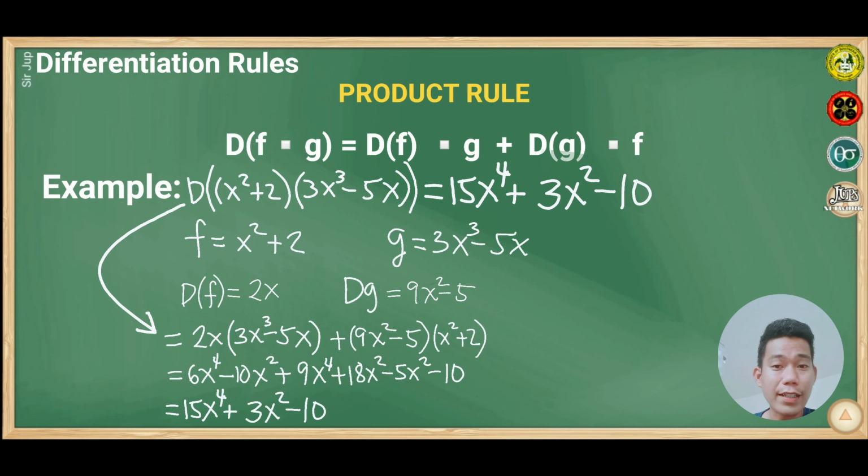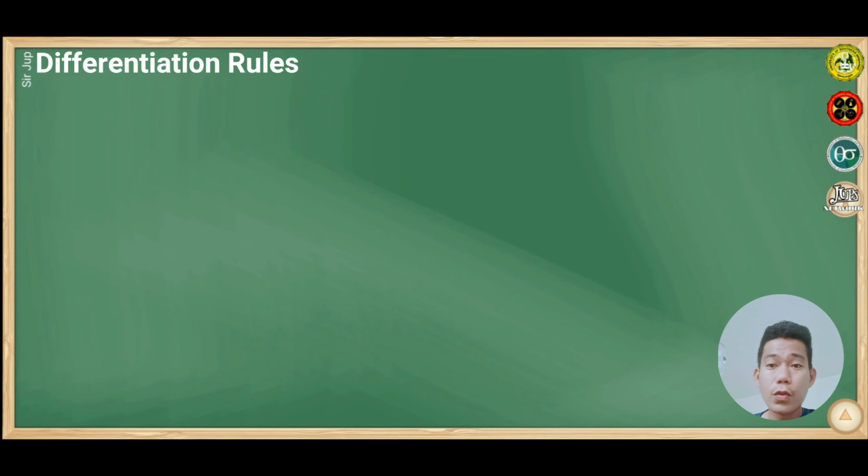Okay, so again, the product rule is the derivative of f times g is equal to f prime times g plus g prime times f. We also have the quotient rule. So if we have functions f of x over g of x, of course, we let g of x not equal to 0 because that is what we put in the denominator.